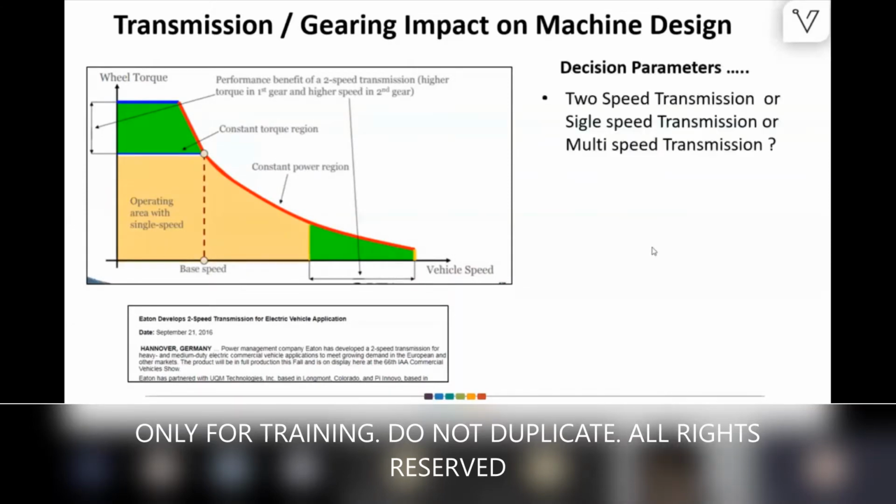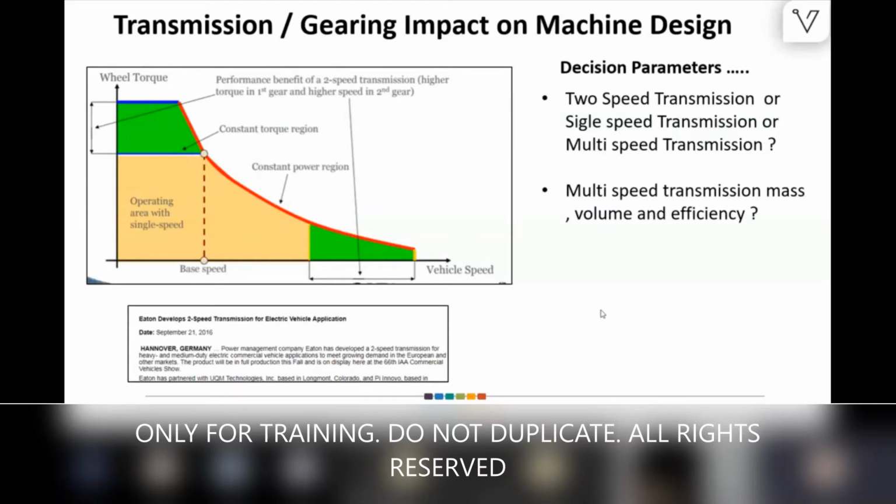There are many things like two-speed. There are twin-speed units in the market, like GKN has got. Multi-speed transmissions are coming up. So what elements should we consider? Weight, cost, efficiency, because the more gearing we have, the more weight and efficiency are involved.